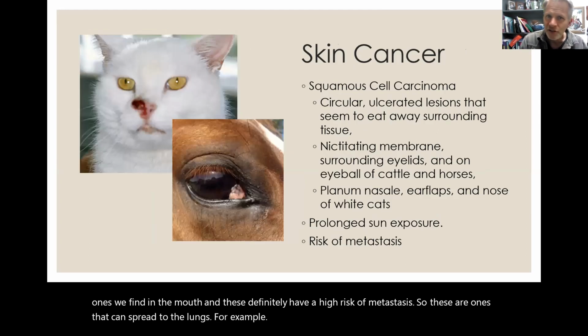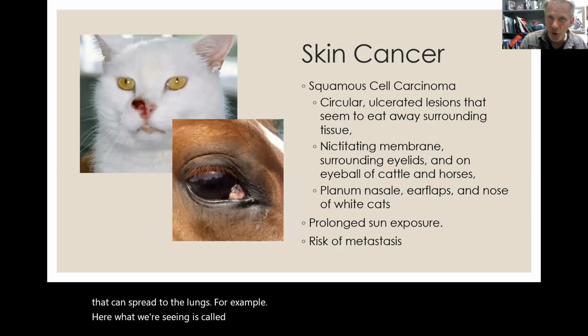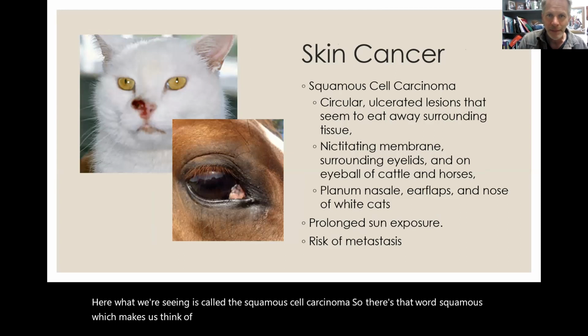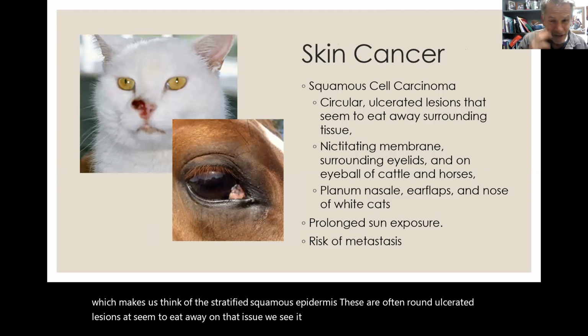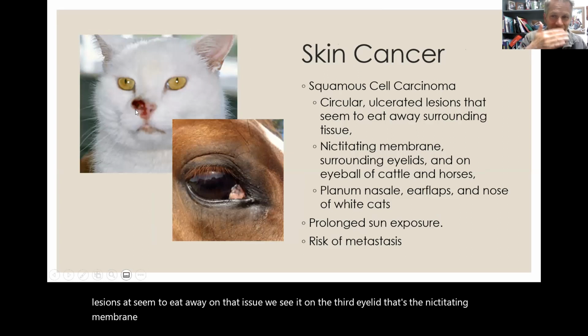Here, what we're seeing is called the squamous cell carcinoma. So there's that word squamous, which makes us think of the stratified squamous epidermis. These are often round, ulcerated lesions that seem to eat away the tissue. We see it on the 3rd eyelid, that's the nictitating membrane, on eyeballs, on the planum nasale, and ear flaps and nose of white cats.